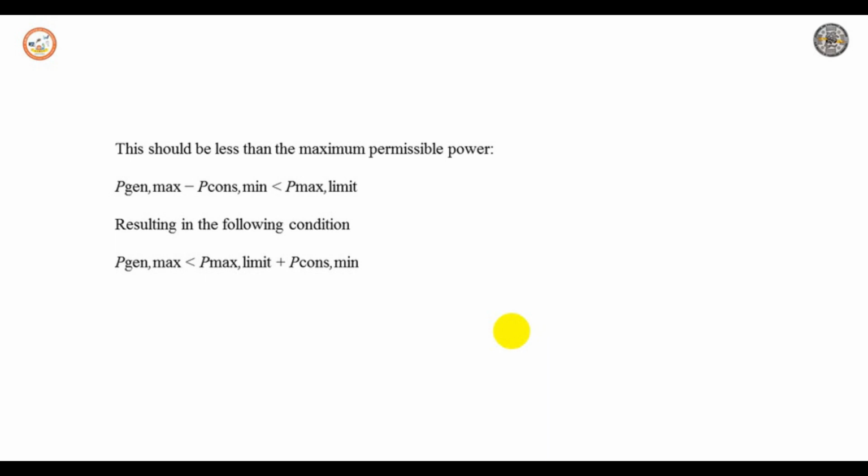That is, the difference of power generation maximum and power consumption minimum is less than the power maximum limit, which results in the following condition: power generation maximum is less than the power maximum limit plus the power consumption minimum. These are the equations that we have studied from our active power flow.